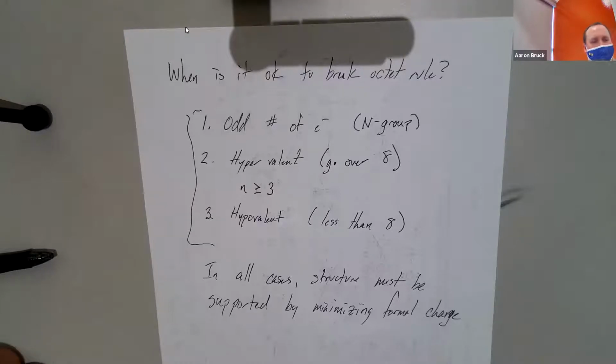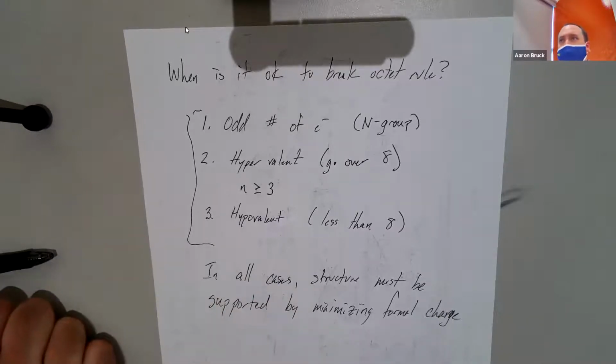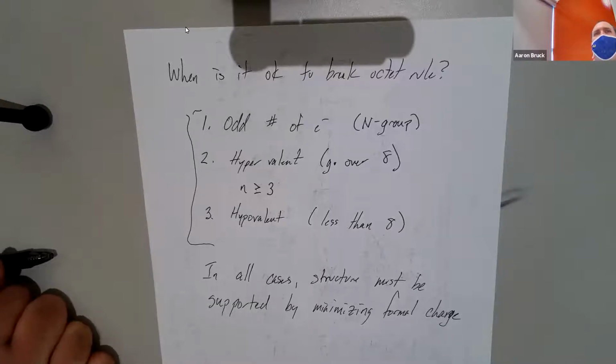There are 2 other scenarios. Hypervalency, going over 8 valence electrons. We've alluded to this, the fact that it's a possibility. We're seeing it in the problem that we're working on right now, PF5. The only way that we can make PF5 is if we break the octet rule somewhere. The question is, when is it okay? And the answer, we have to have an element in the 3rd energy level or greater.